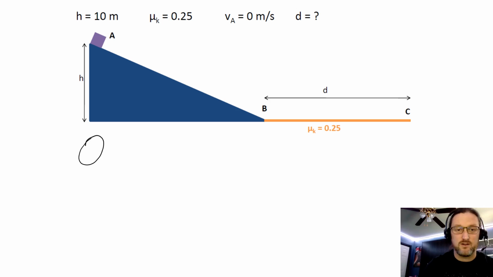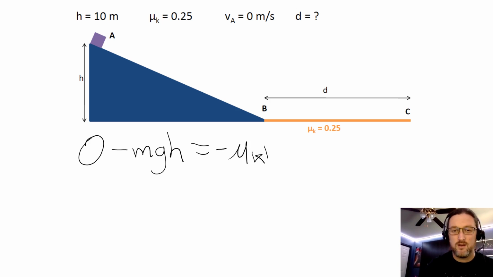Final energy was 0 minus initial energy, mgh, equals the work done by non-conservative forces, minus mu k mg times d. And we wanted to know distance d. How far does it go? Oh, look, conveniently 0 minus. Those minus signs will cancel out, right? It's a good thing that mass is on both sides, and I can cancel out mass because I didn't tell you what it was, right?